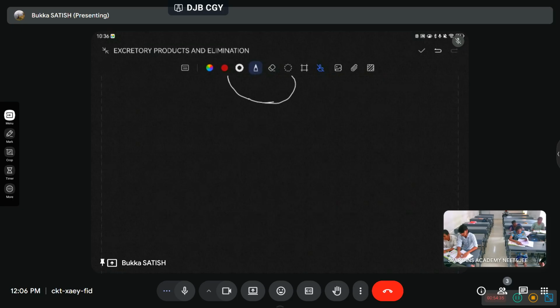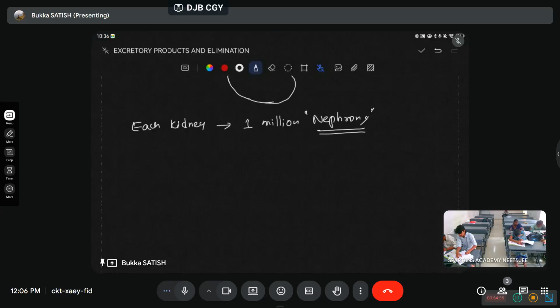Next, each kidney, if you take each kidney, there are some 1 million nephrons. So with two kidneys together, around 2 million nephrons are there in our body.